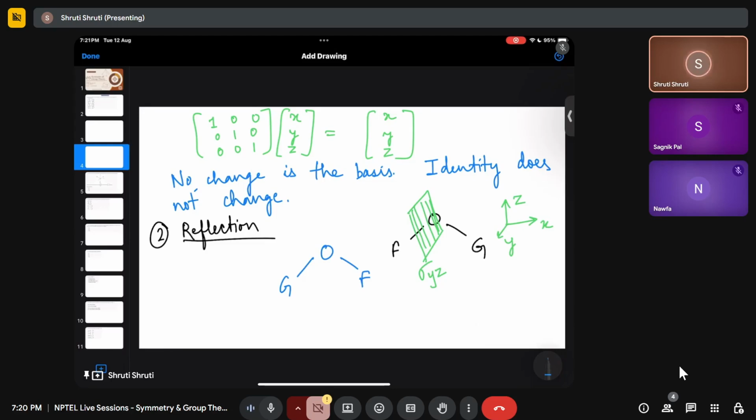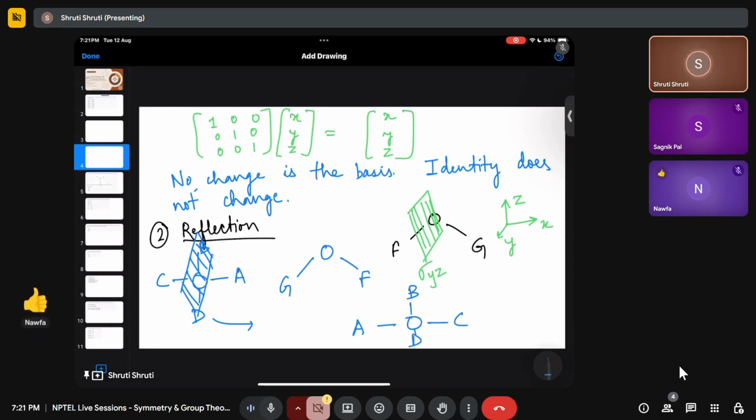So whatever atoms or bonds lie in the plane do not get interchanged. Let me take some random molecule A, B, C, D, with a plane here. C will come here, A will come here, and B and D will not change places because they are on the plane. B and D were on the YZ plane, so they did not change.